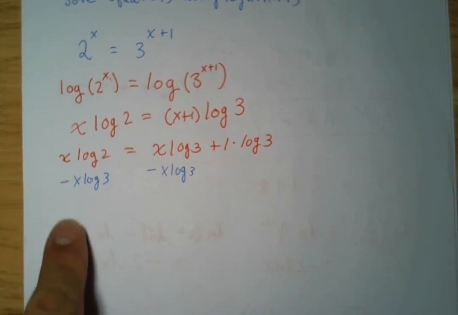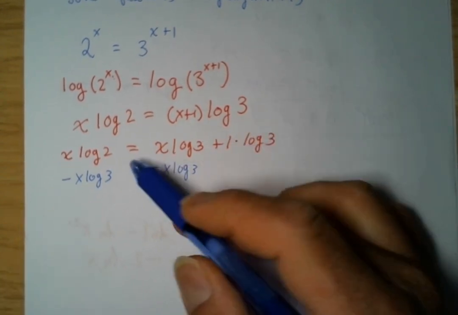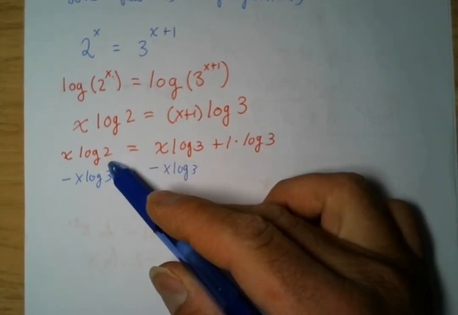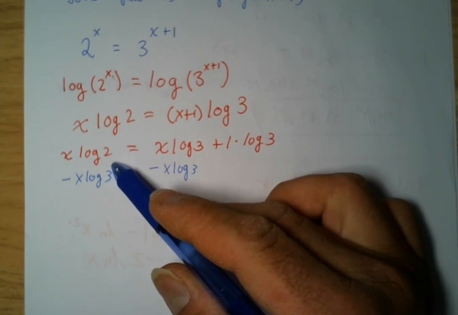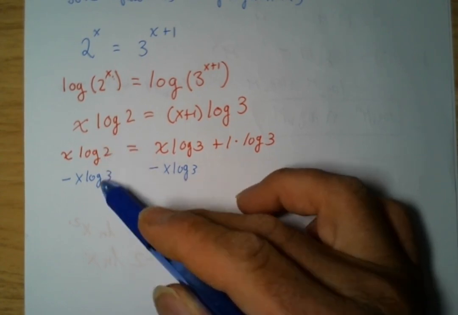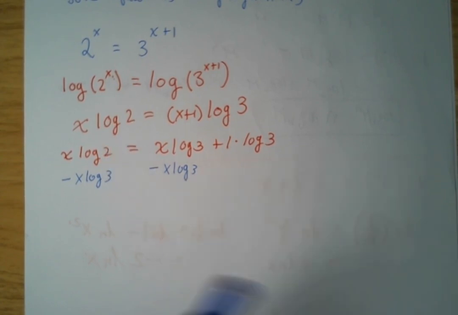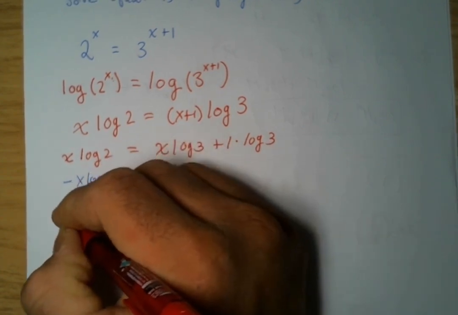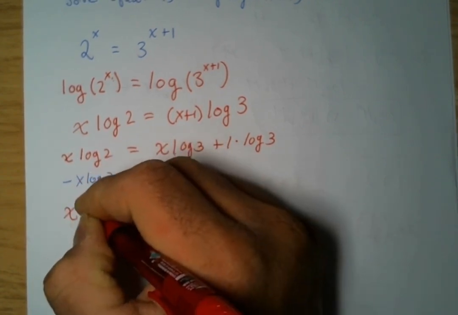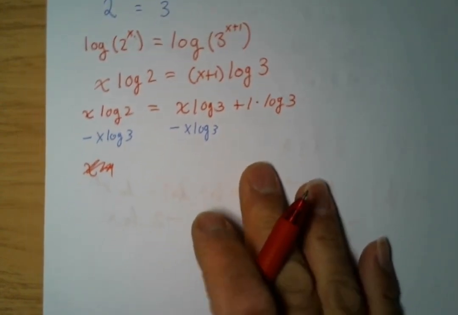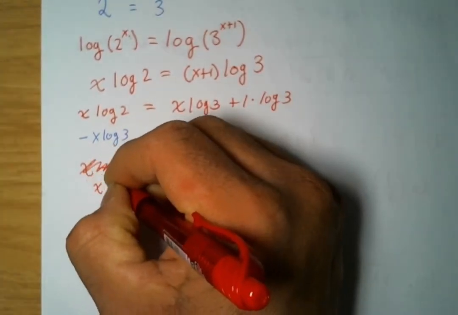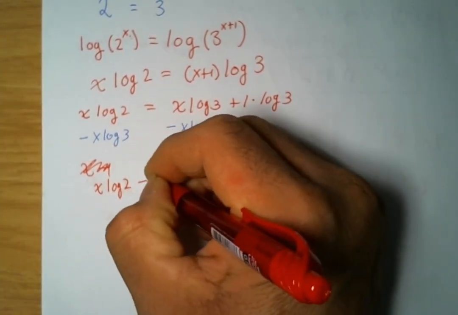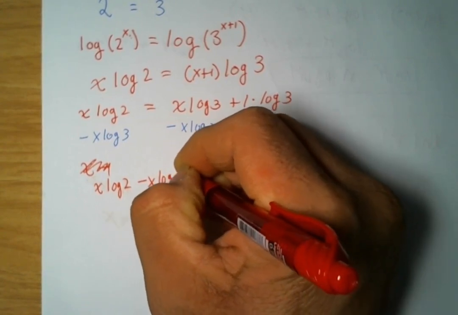So these are not the same term, right? Remember, you can think of log 2 as just a number, like a coefficient, so if they were like terms, they would have to be exactly the same. They are not here. So for right now, what I'll do is just rewrite this as x log 2 minus x log 3.